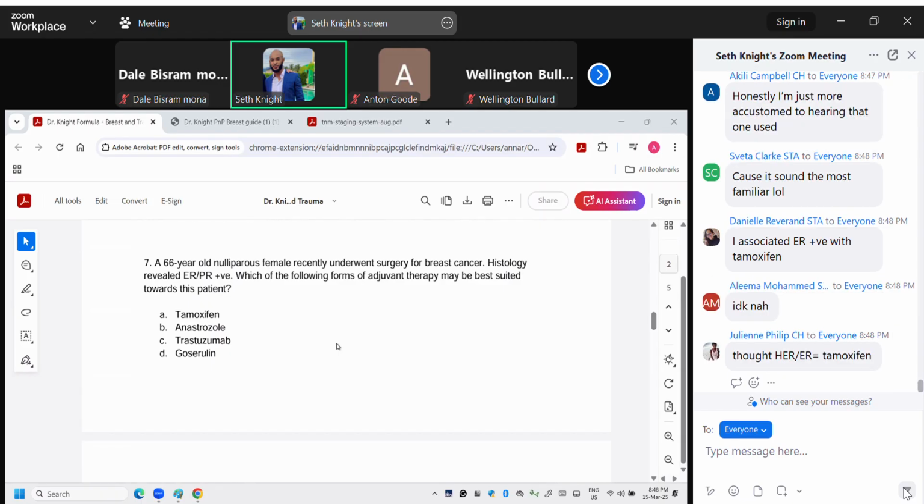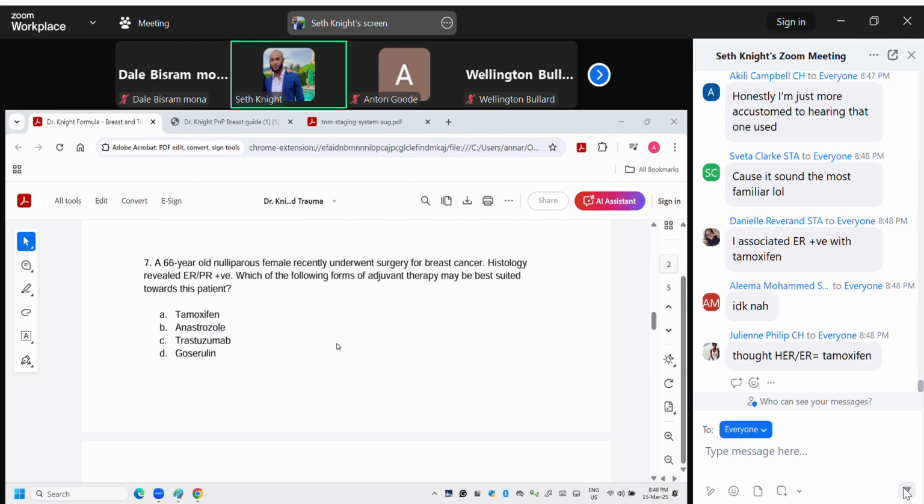Good. So now we know the difference is ER/PR is separate from HER. HER is an immunoreceptor, ER/PR are hormonal receptors, right? ER/PR is estrogen and progesterone receptors. And so in our hormonal receptor positive patients, we are looking at their age.